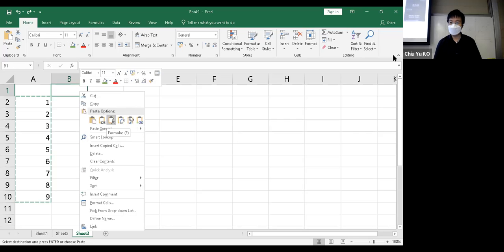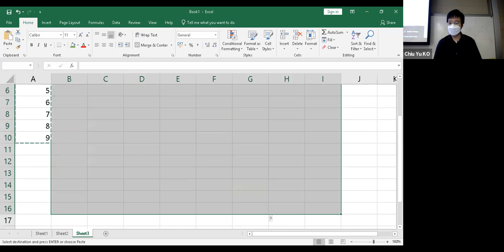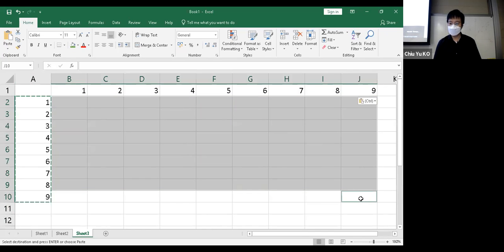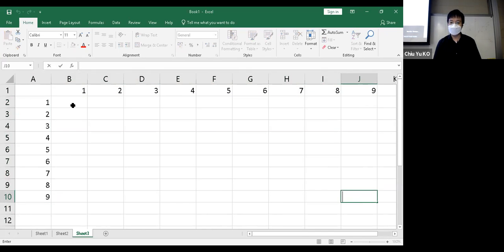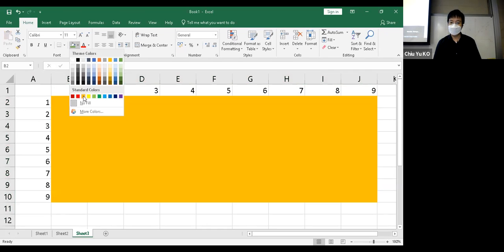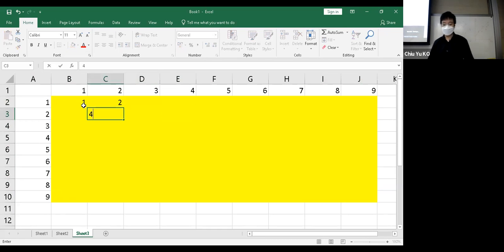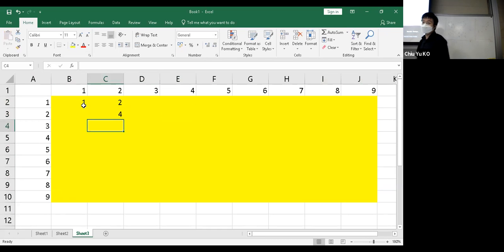I have this 1, 2, 3, 4, 5, 6, up to 9. I want to fill in this yellow part. What is 1 times 1? It is 1, right? 1 times 2 is 2, right? And then this entry will be 4. It's the multiplication table you learned in primary school.